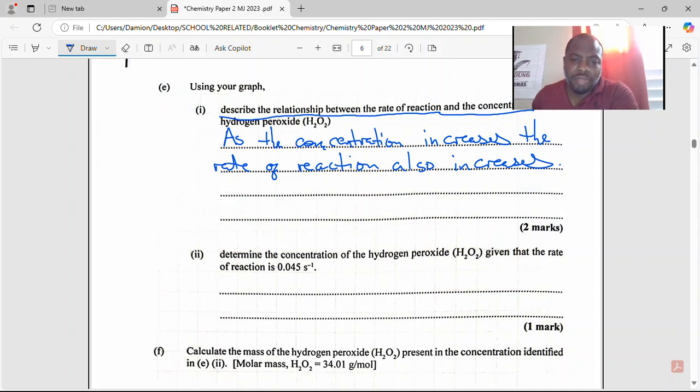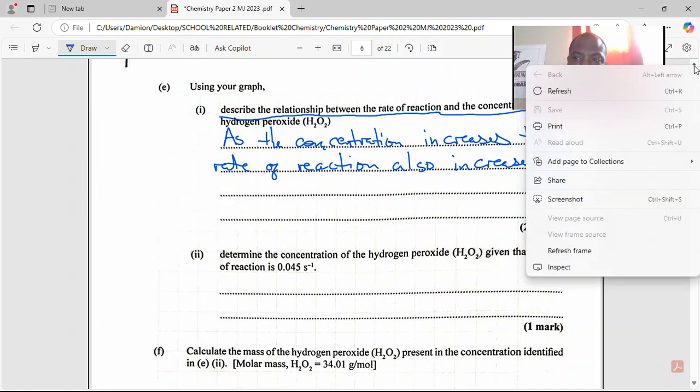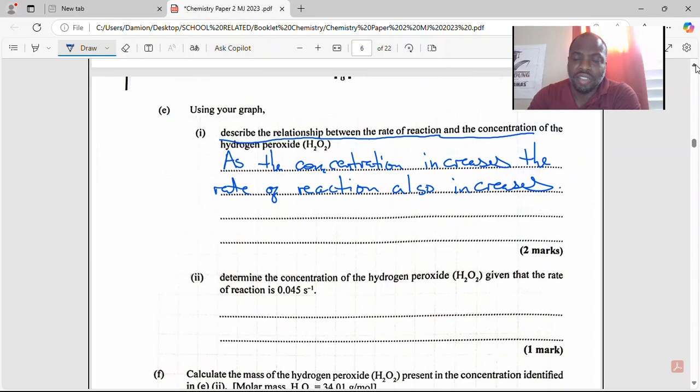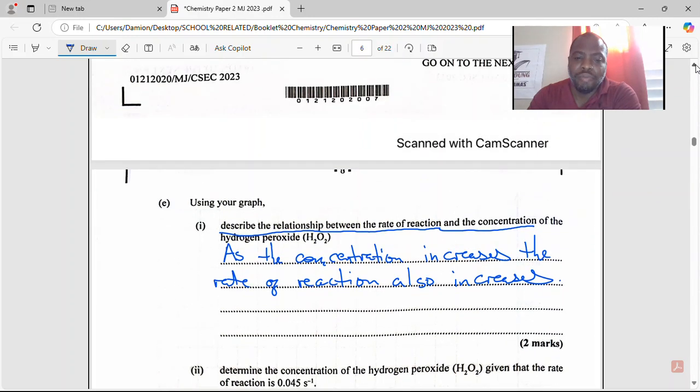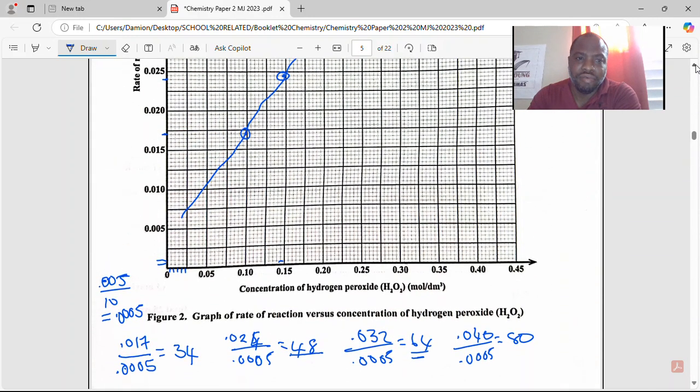It says determine the concentration of the hydrogen peroxide given that the rate of reaction is 0.045. So we have to use our graph to get the answer for this. This is 0.045.